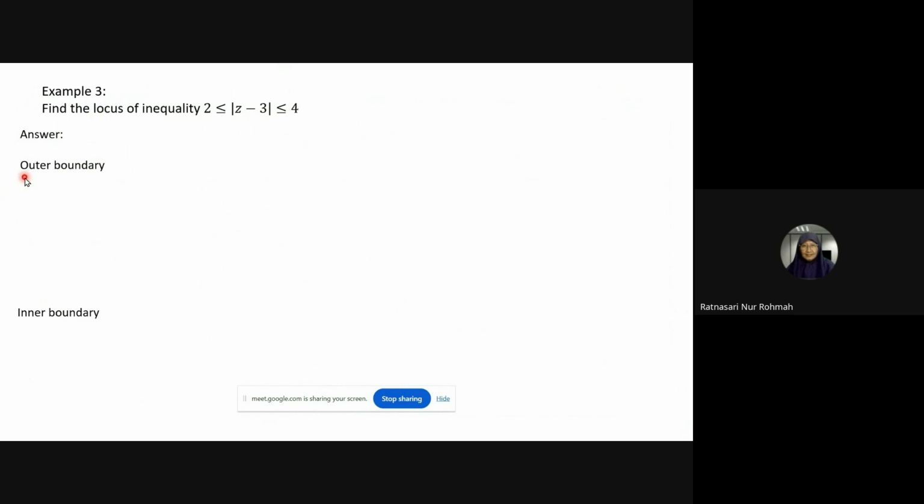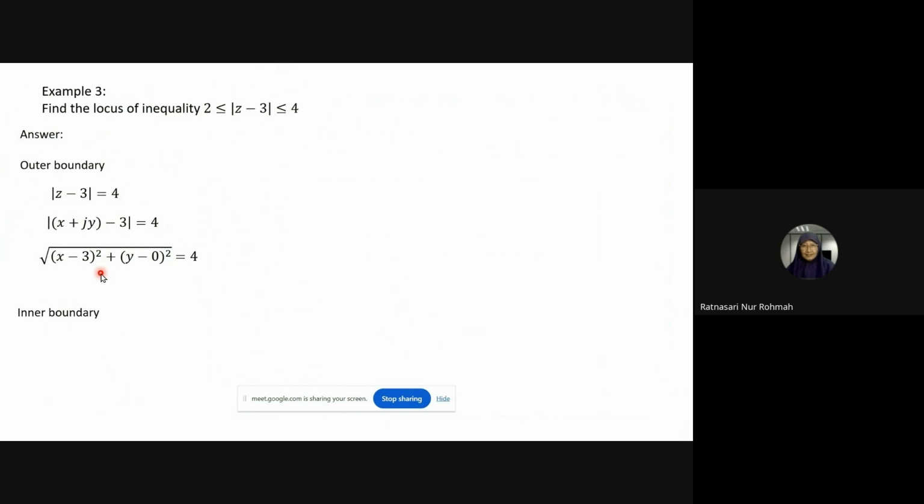First, we find the outer boundary. We calculate the magnitude of z minus 3 equal to 4. We must calculate the magnitude of x plus jy minus 3 equal to 4. We use the formula to calculate the magnitude: the real part square plus the imaginary part square, and then we calculate the square root.